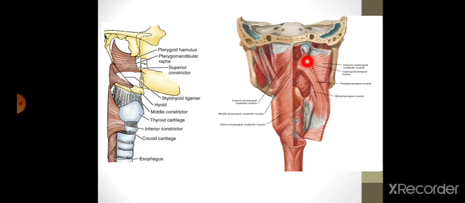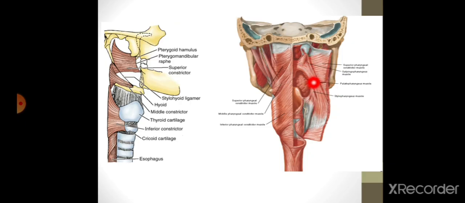The longitudinal muscles are located internally. This one is the salpingopharyngeus muscle. Salpingopharyngeus muscle originates from the auditory tube and is inserted in the side of the pharynx. This muscle is responsible for opening of the auditory tube after swallowing.